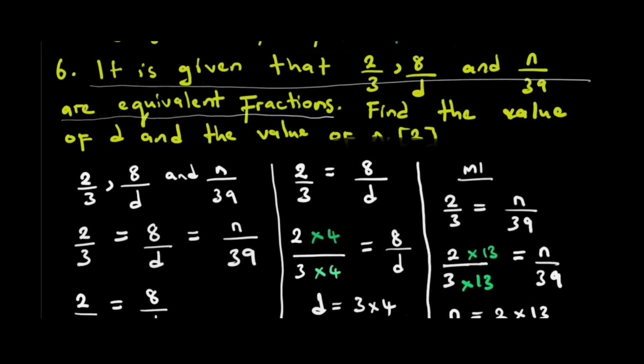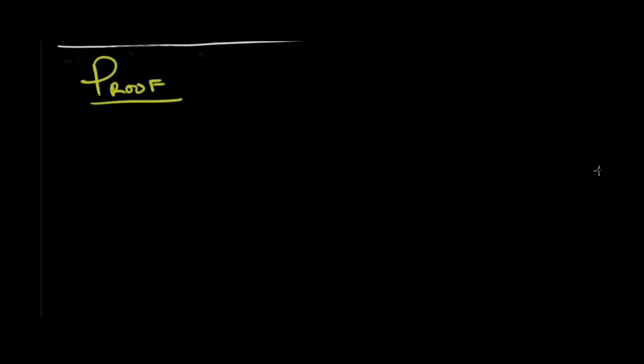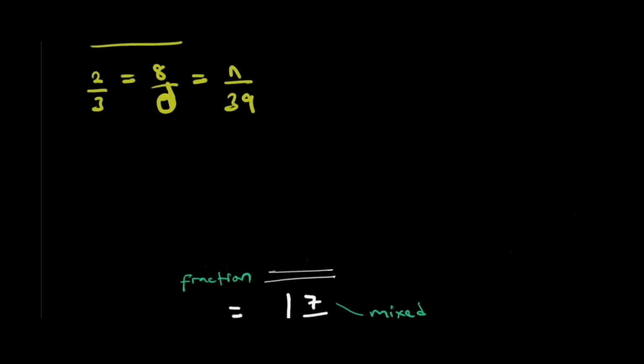Zvatichangoita ndeizvi. Tichangoti 2/3, 8/d na n/39 handiti. Saka it's 2/3 equal to 8/d, 8/d yova equal to n/39. Saka d tawana 12.